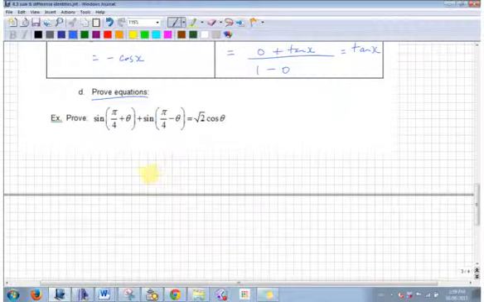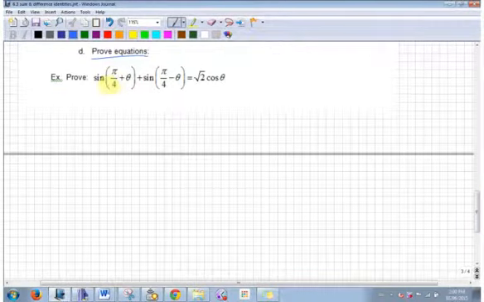What do I do with that? That is sine of that plus that. Sine pi over 4, sorry? Cosine theta, okay, plus sine, cosine.